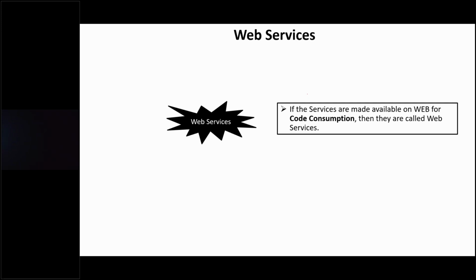Somebody goes to a restaurant and wants to dine in, and then orders something. The waiter takes your order, goes to the kitchen, gives the order information, and then gets back the food. So here the waiter is the middleman, or the interface, which facilitates the communication between two different entities or two different components.